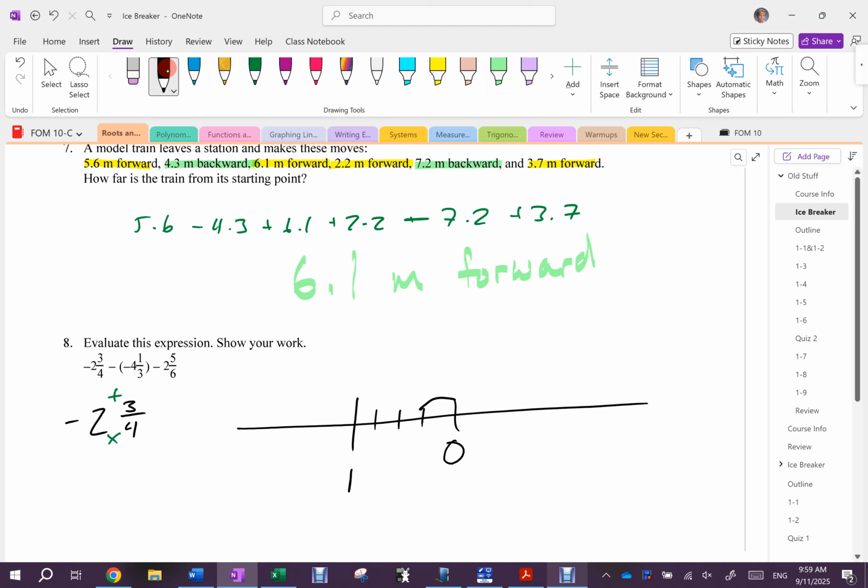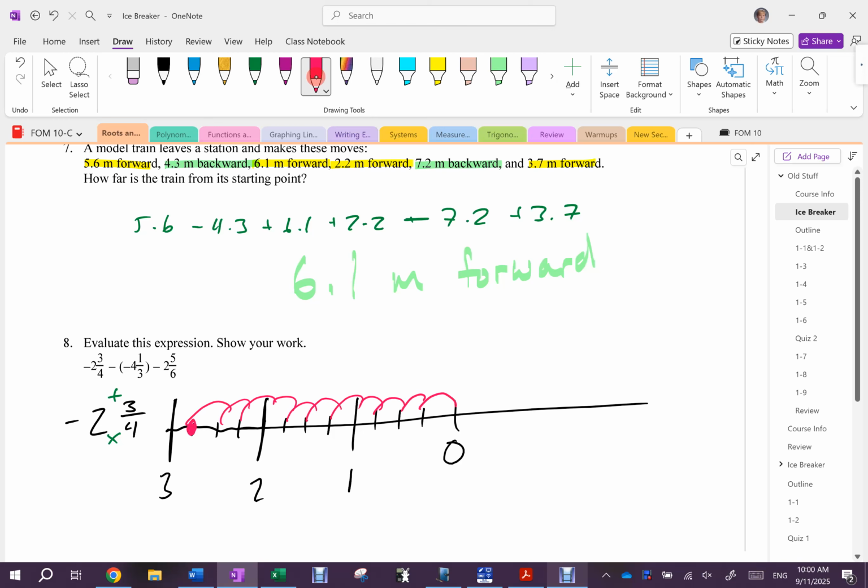Agreed? So then I need to go 4 more to get to 2. Is everybody still with me? And then I would need to go 4 more to get to 3. Here is negative 2 3/4, yes? Everyone agrees? Which is 1, 2, 3, 4, 5, 6, 7, 8, 9, 10, 11/4.